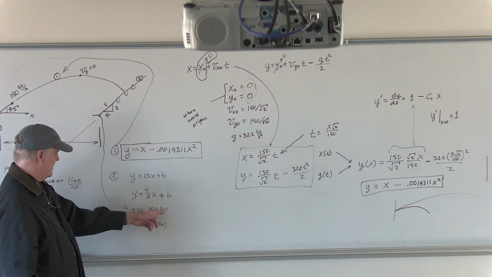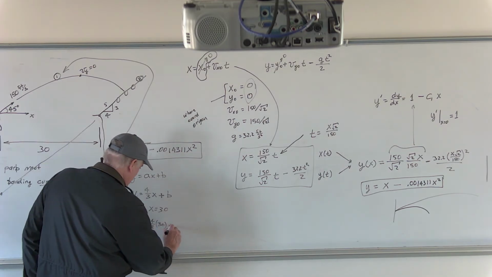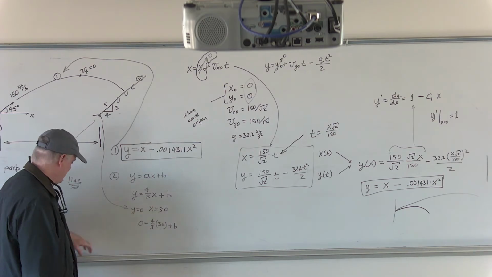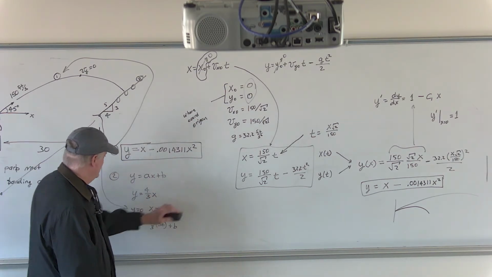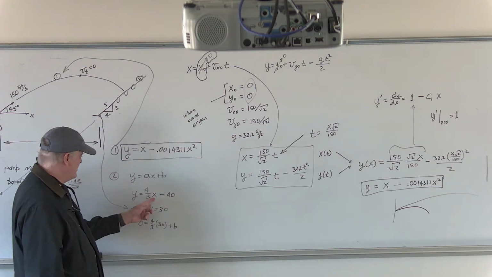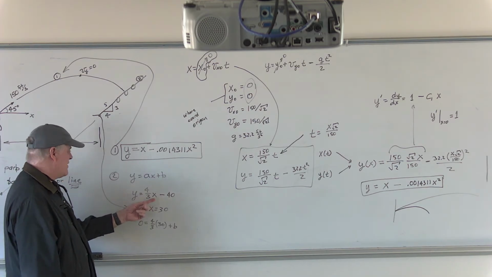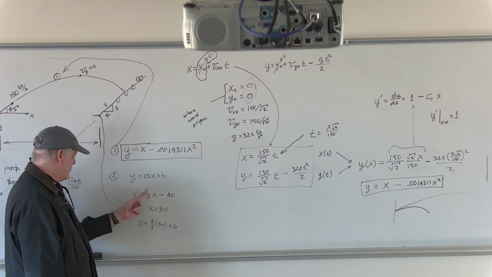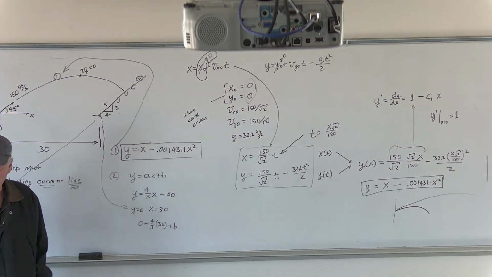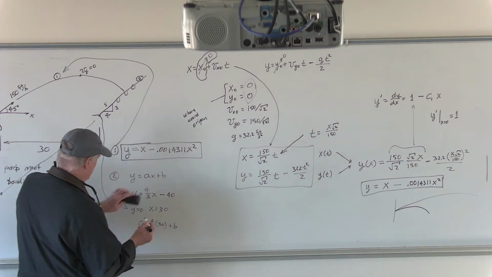There's a 30 I put in here, and then there's a 3. That wasn't planned. And then b tells you right off that this is going to be minus 40. So if I put in 30, it becomes 40 minus 40, meaning that's that point. So does that make sense?